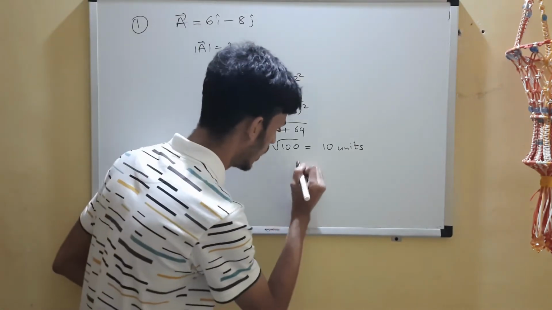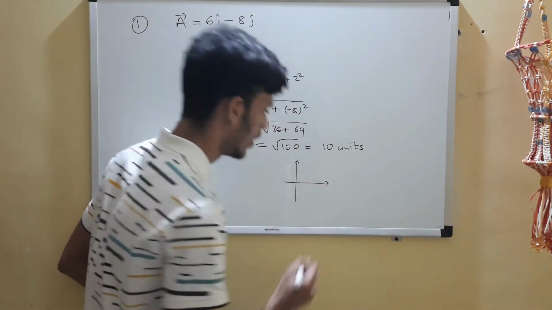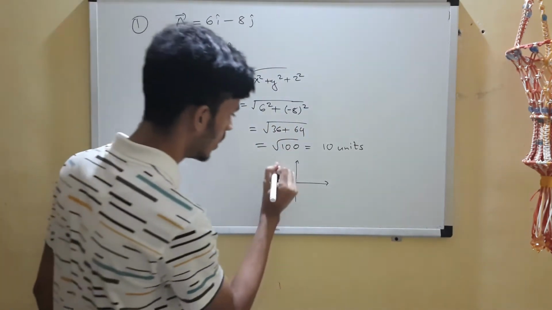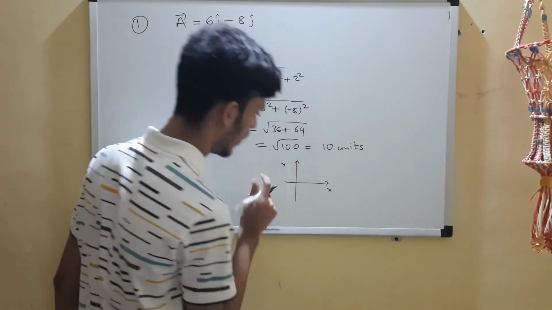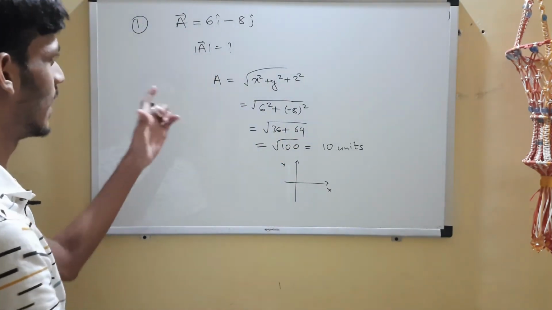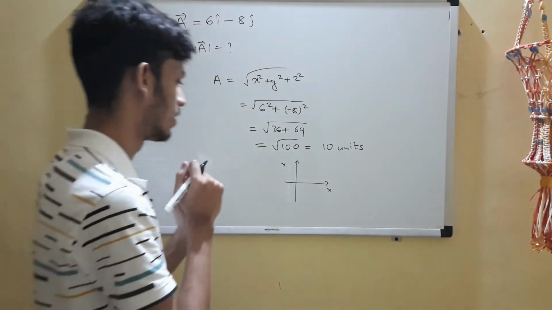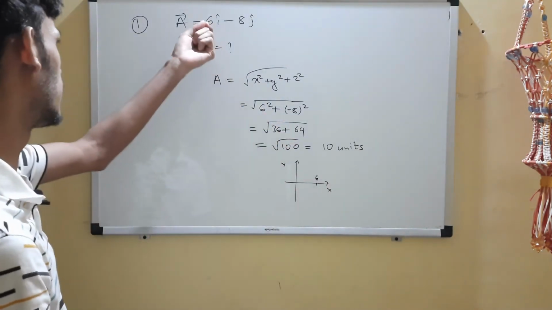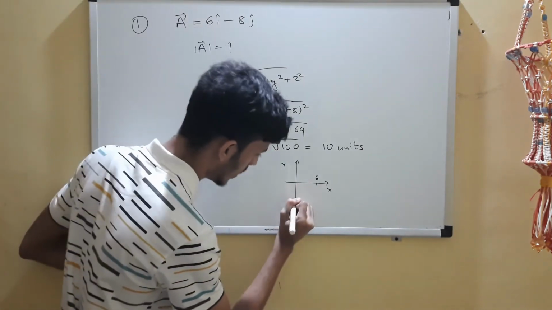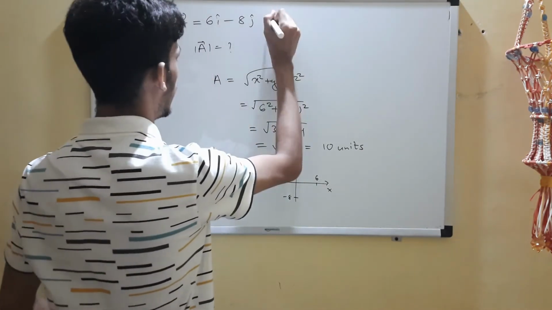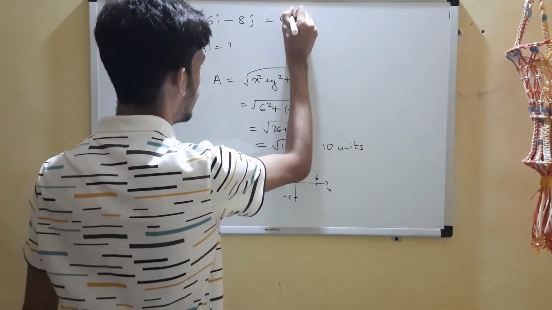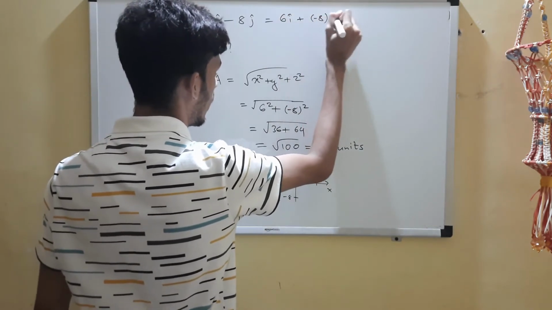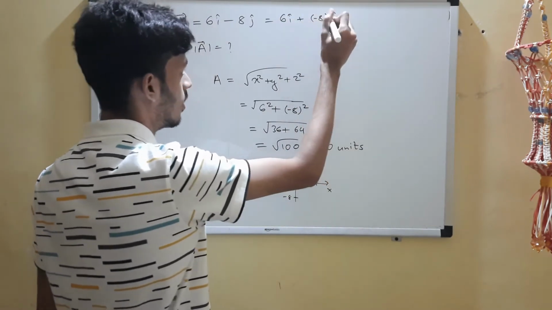Also plot that vector roughly so that you can develop an understanding about this. So let's say this is the y-axis, this is the x-axis. Now z-axis we don't need over here. X is 6, we'll choose 6 over here, and y is minus 8. This is 6i cap plus minus 8j cap, xi cap plus yj cap.